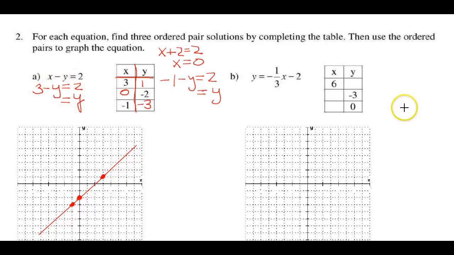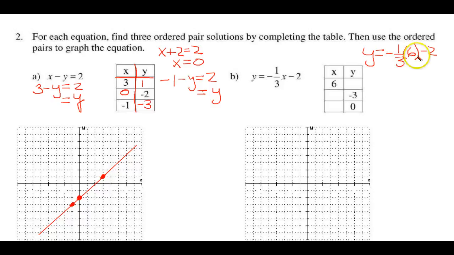Now for this one, we're going to do the same thing. If x is 6, we can go y equals negative 1/3 of 6 minus 2.